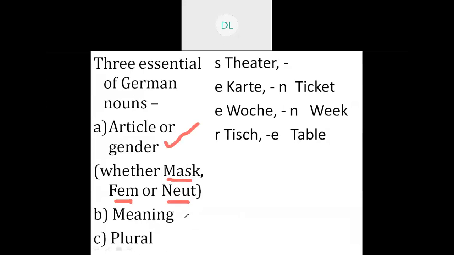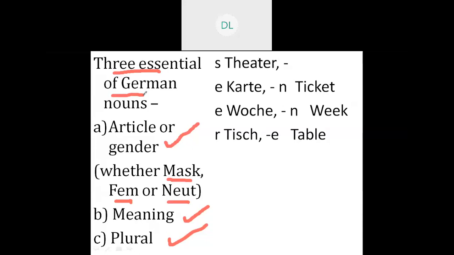The second thing we have to learn is the meaning, and the third one is the plural. See very carefully what I have specified: three essentials of a German noun. With every noun, you have to learn whether it is masculine, feminine, or neutral. At the early stage, you will have to learn by heart the meaning, the gender, and the plural, all three things.